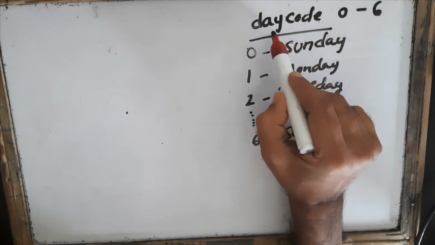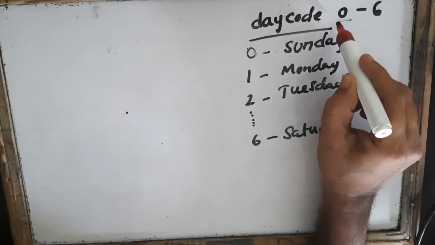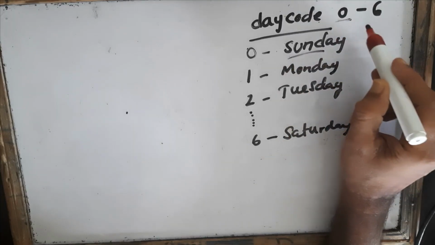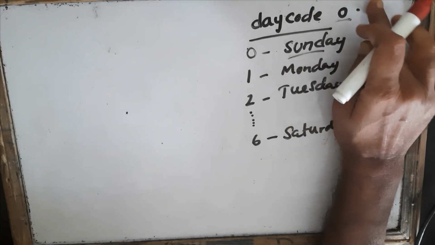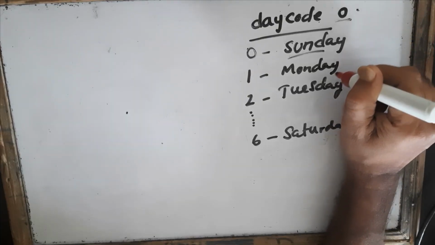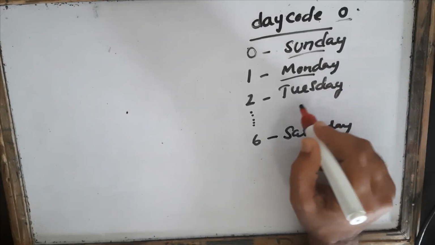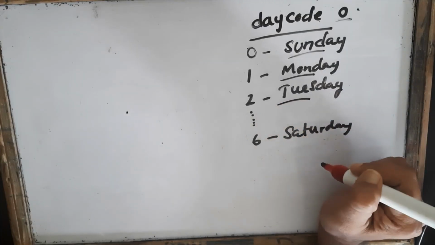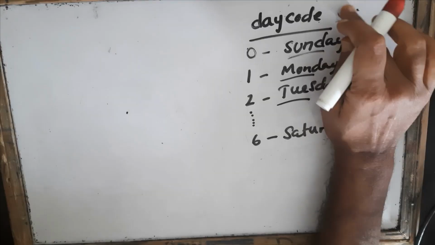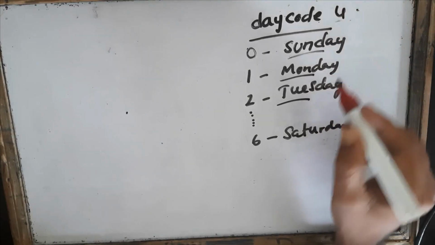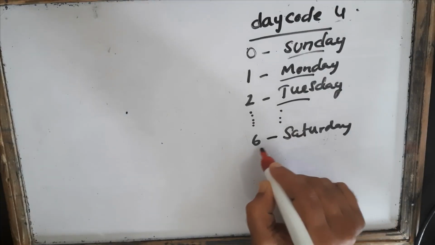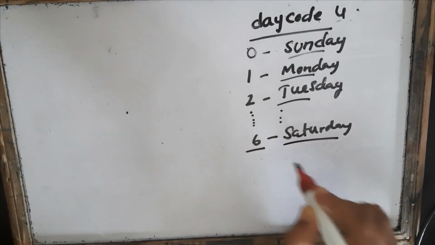So if we receive day code as 0, then we print Sunday. If day code is 1, then we print Monday. Day code is 2, then we print Tuesday. So like this it will go on, and it will print Saturday for the code 6.